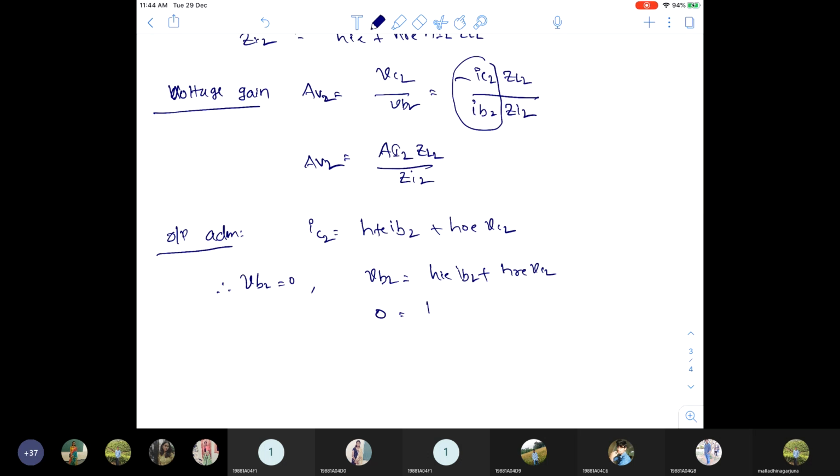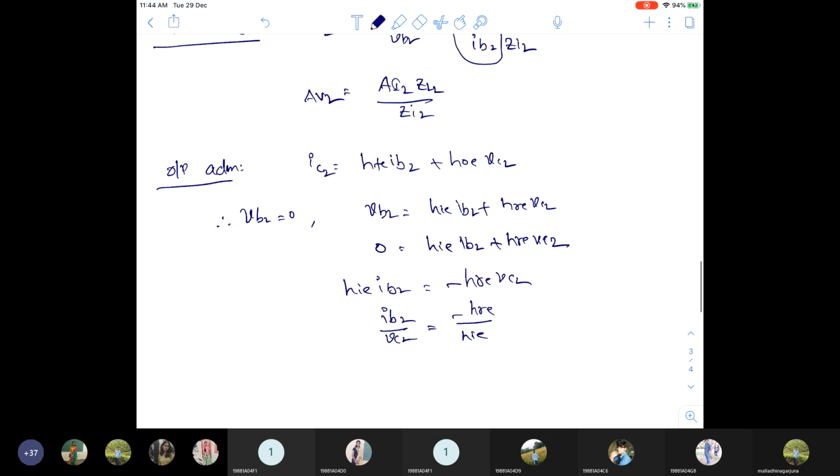If it is 0, then HIE IB2 equal to minus HRE VC2, so IB2 by VC2 equal to minus HRE by HIE.